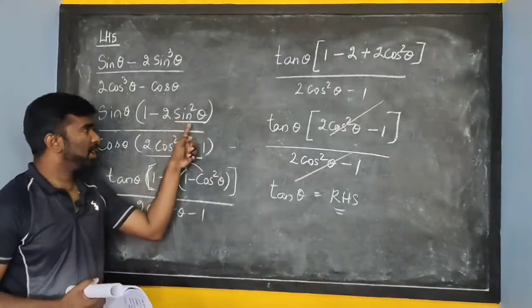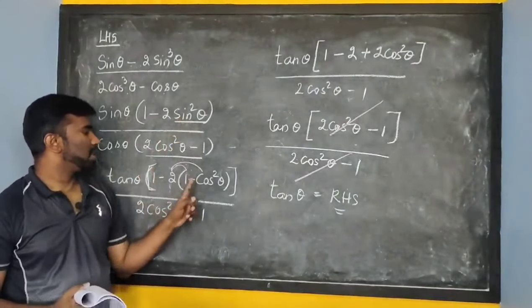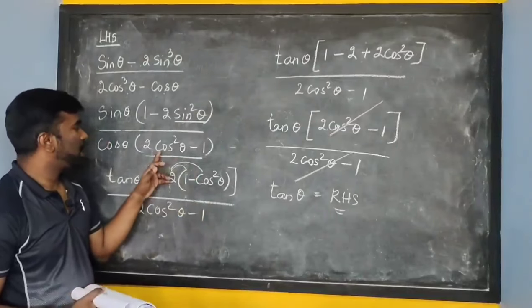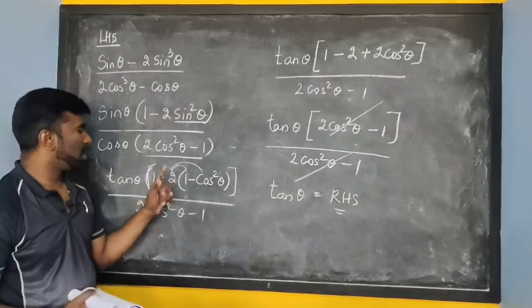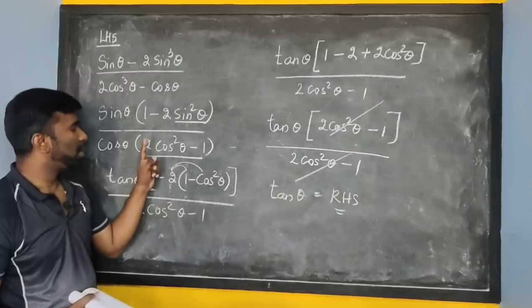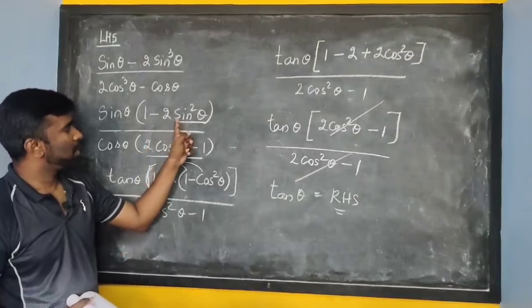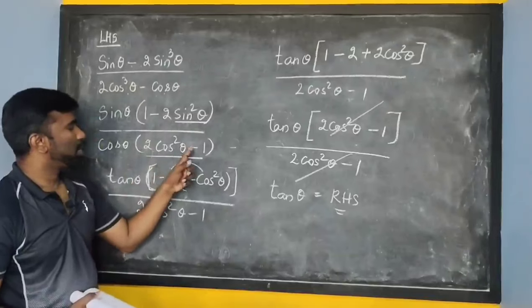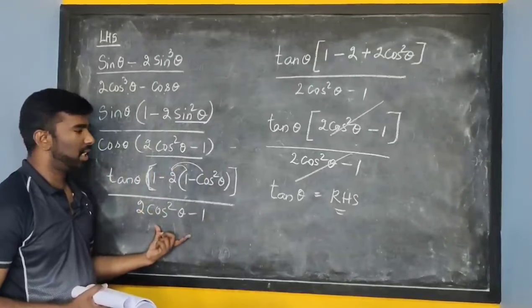Now in the numerator, replace sin square theta by 1 minus cos square theta, or you can replace cos square theta as 1 minus sin square theta. Here I have replaced sin square theta as 1 minus cos square theta, and the denominator 2 cos square theta minus 1 as it is.